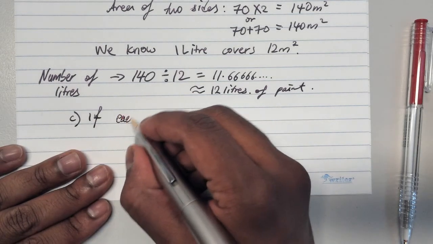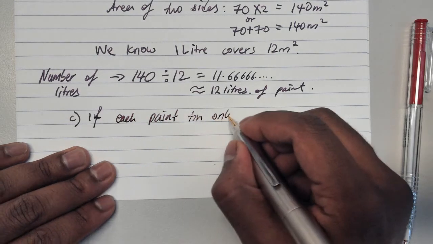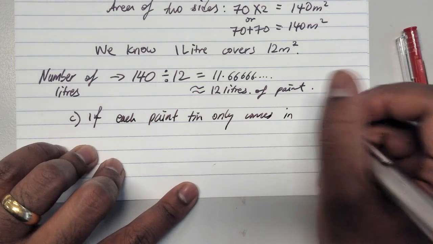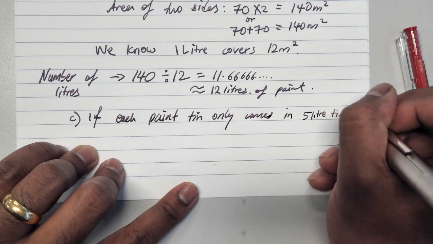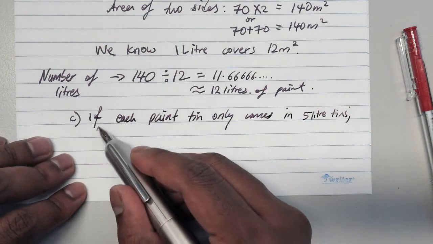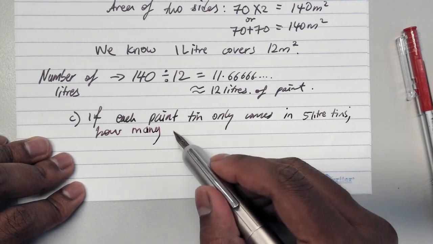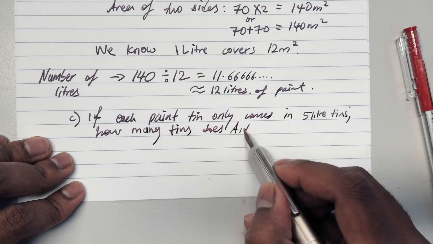If each paint tin only comes in 5 liter tins, how many tins does Aiden have to buy?